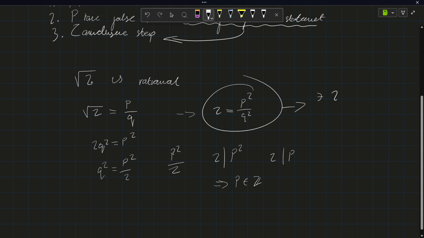Considering... is a factor of z implies that q squared is... vector, which then implies q is a factor of p squared.